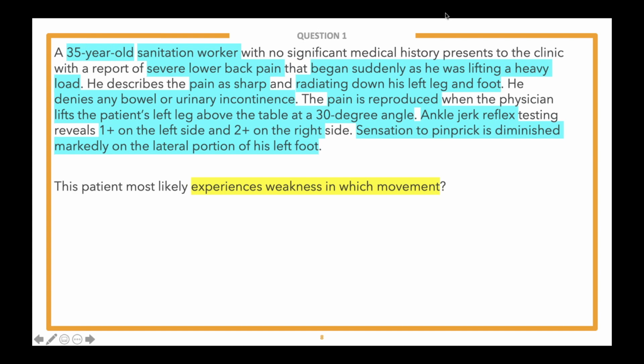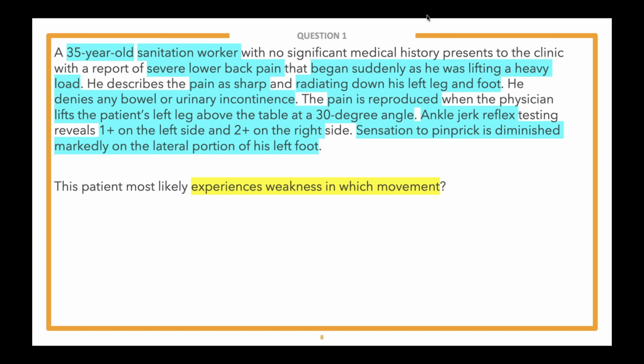So these are all important neurologic exam findings that it's important to take note of and try to piece together. So now let's move on to that lead-in, and they're basically asking us, the patient would have a weakness in which movement, okay? So they're probably going to give us some answer choices that are different movements, and we're going to have to figure out which one this patient is going to have some difficulty with.